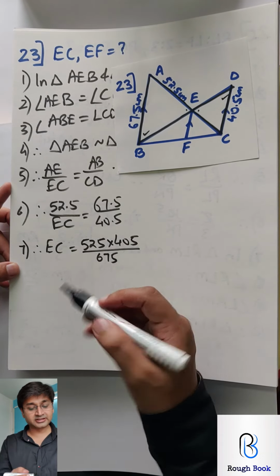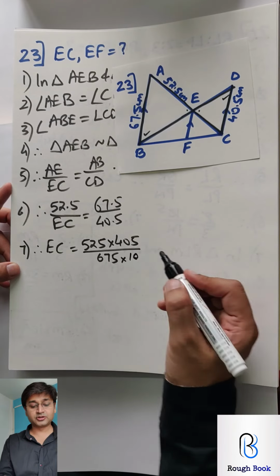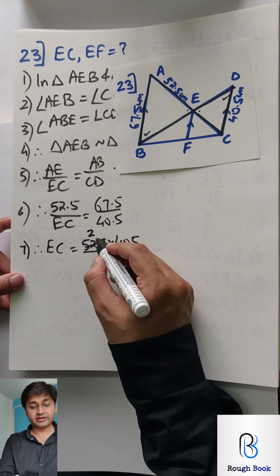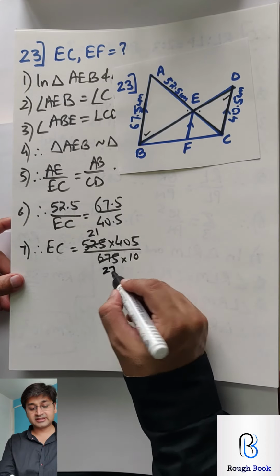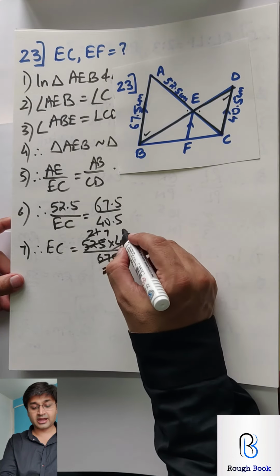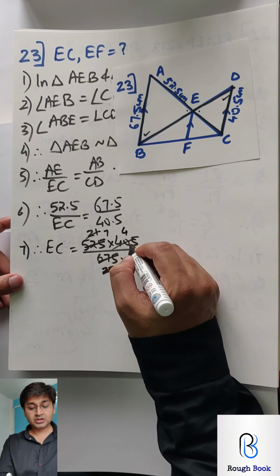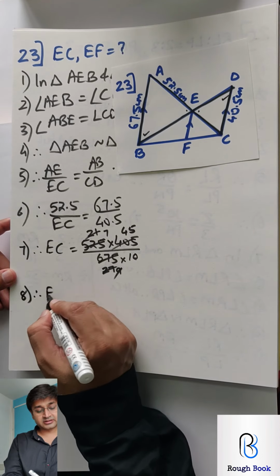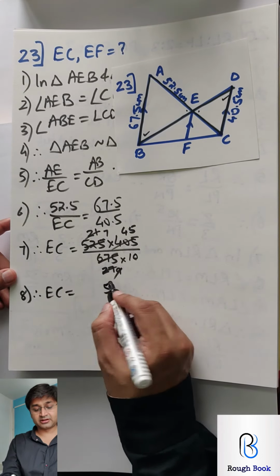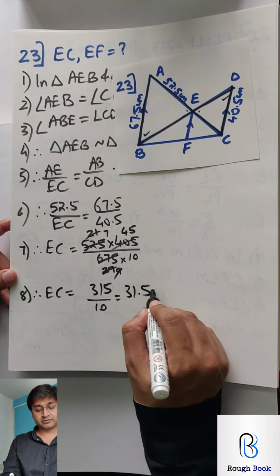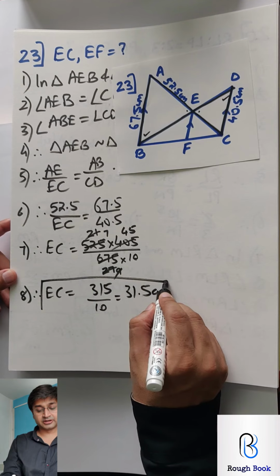One decimal nullified, one more decimal, so putting a 10. 25 times, 25 2s are 50, 25 7s are 175, and so on. So I've got no choice now. Let us multiply. So my answer should be 31.5 centimeters.